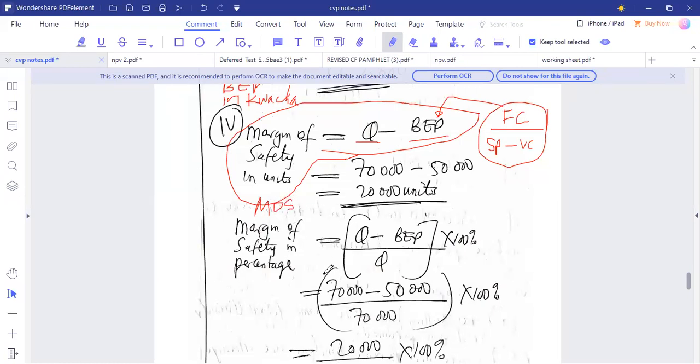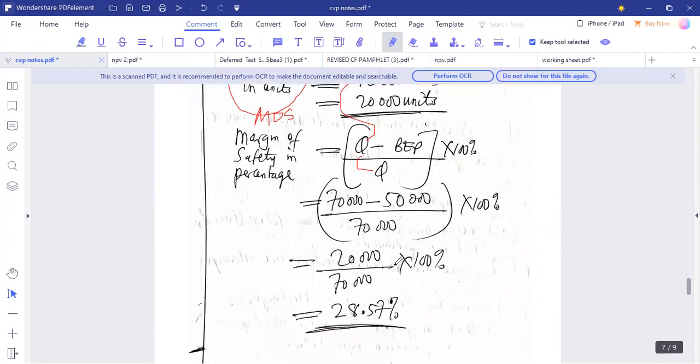So the margin of safety in percentage, the formula is this one. It's Q, which is the budgeted 70,000, minus the BEP, then multiplied by 100%. Getting down to this, we are getting 28.57% as the margin of safety in percentage.